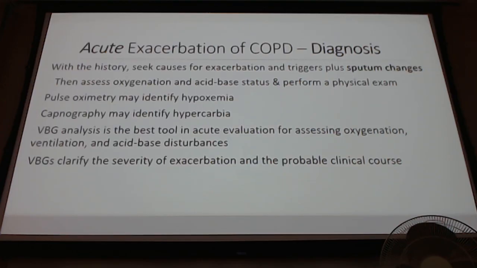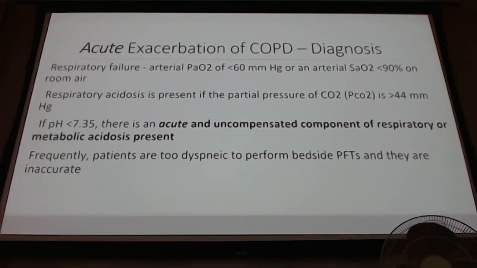Capnography, usually that's more if we're using some sort of breathing treatment like non-invasive ventilation. And then we want to make sure we get a blood gas on these patients, just looking for that oxygenation, ventilation. So what's their O2, what's their CO2, and then are they acidotic? And we stratify it into how severe this is going to be and their clinical course. But respiratory failure is going to be that low PO2, so under the normal limit.